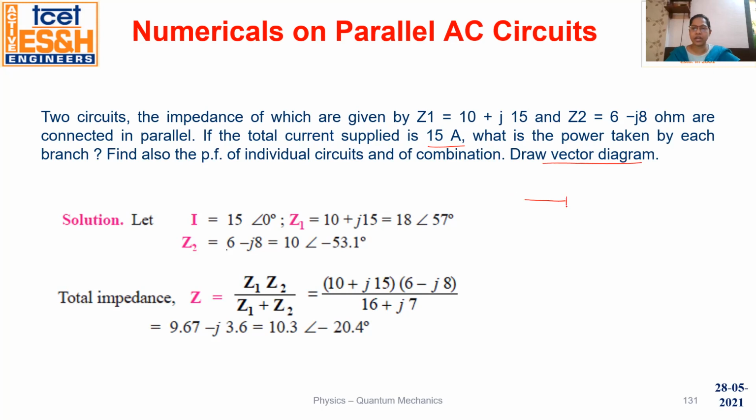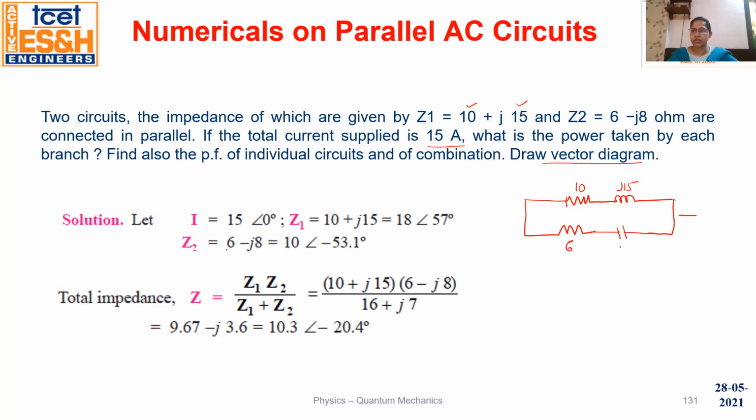So first of all, we make here Z1. Z1 consists of 10 plus j15. So 10 is the resistance and j15 is the inductance, whereas Z2 is 6 minus j8, which means capacitance.